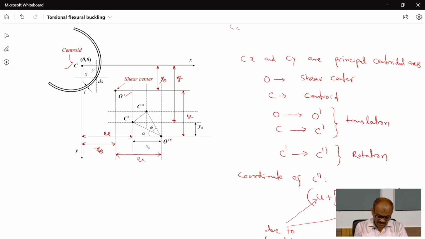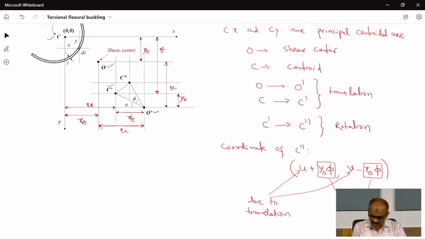You see, O dash to C dash, this distance is same, X naught and Y naught. Now in rotation, C dash moves to C double dash. Because of that, there is a change in coordinates. Let us look at that.